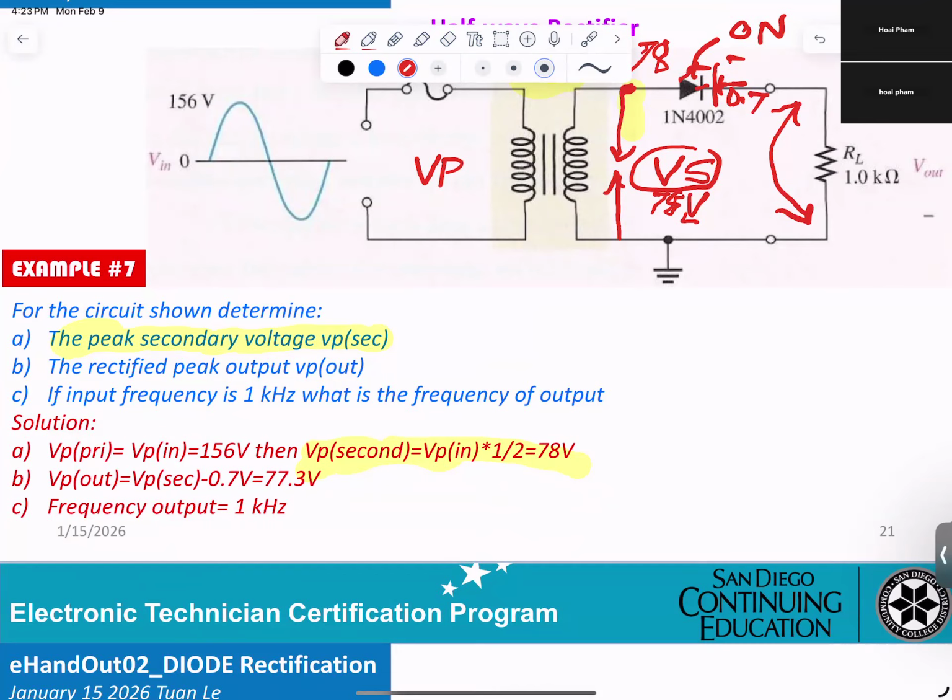So that's why they take V peak minus 0.7. You get 77.3 volts. Frequency output: input frequency 1K, output will be the same frequency.